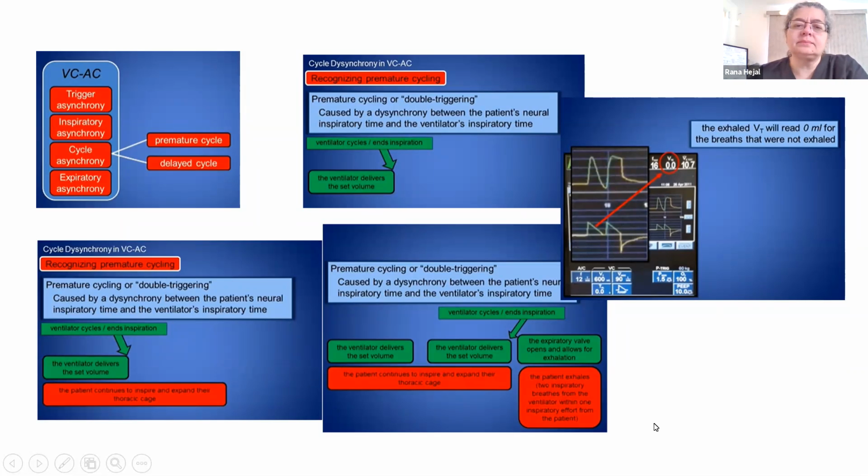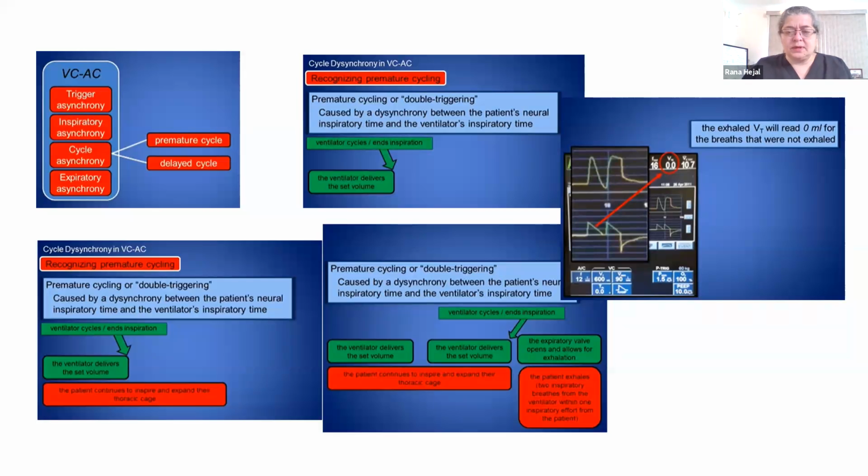Now, unfortunately, this is called double triggering, which is very annoying because it has nothing to do with triggering. It has something to do with the fact that the inspiratory time is insufficient for the patient, meaning that the patient's brain and physiology want him to take a longer breath.